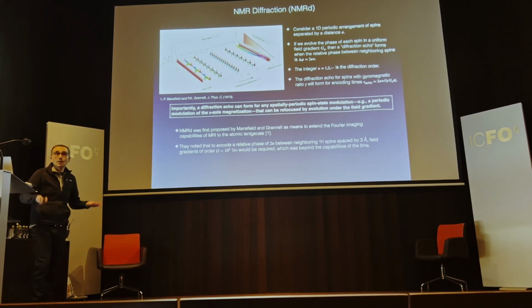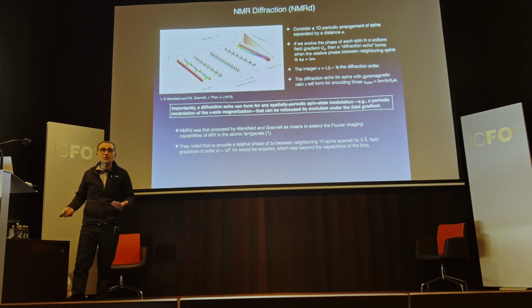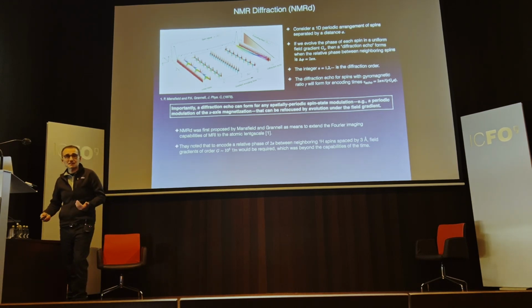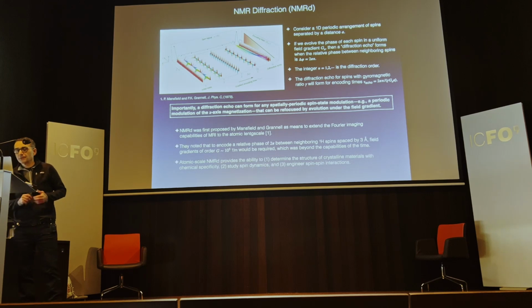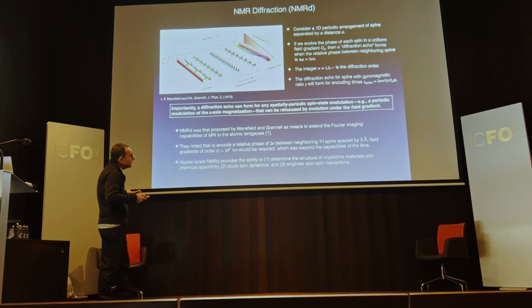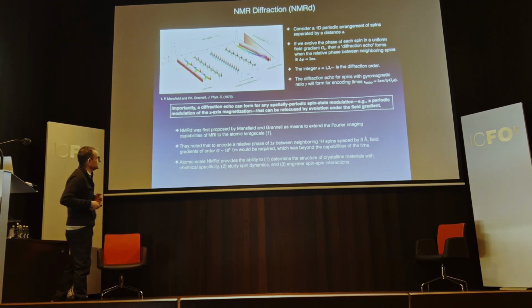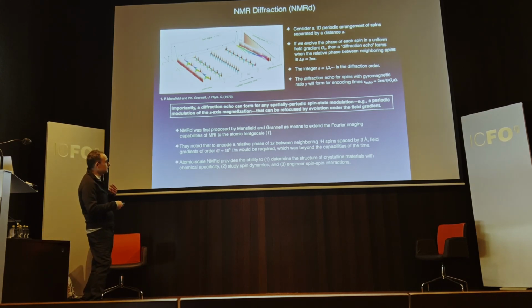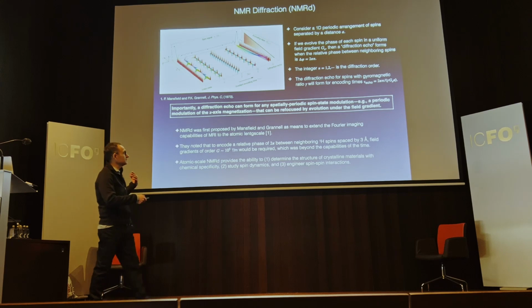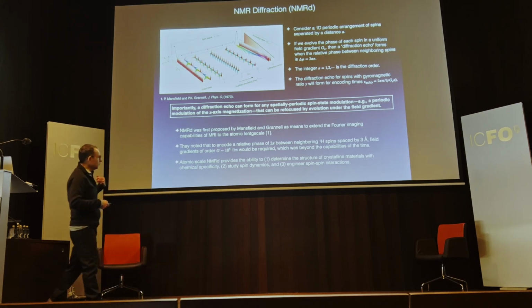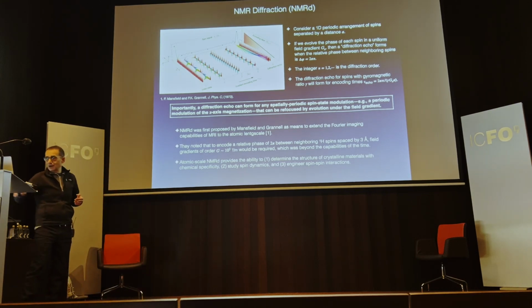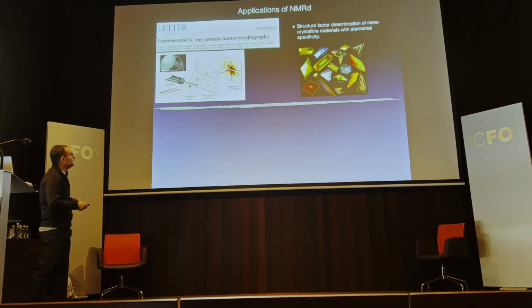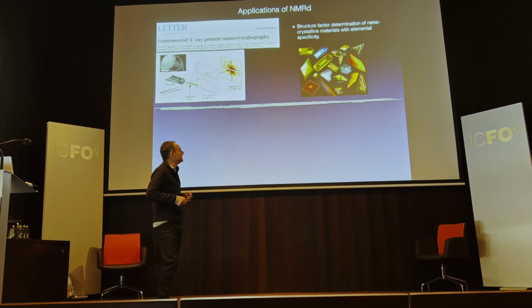Well, it turns out in our platform, we can get millisecond coherence times, and we have 10 to the 5th Tesla per meter gradients. So we got excited that we can actually realize this, right? What we're trying to do is to look at nanocrystalline materials, and specifically these protein nanocrystals.